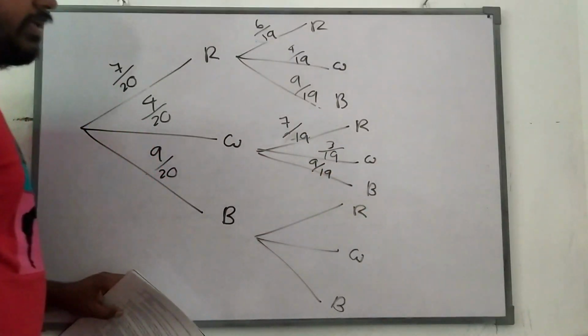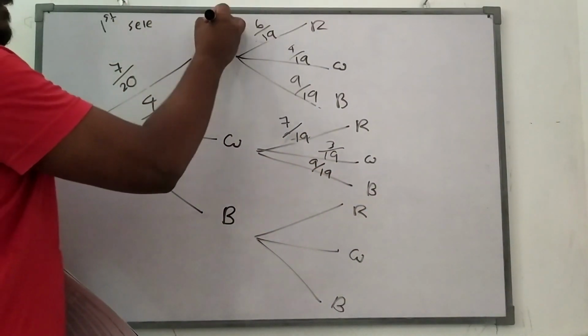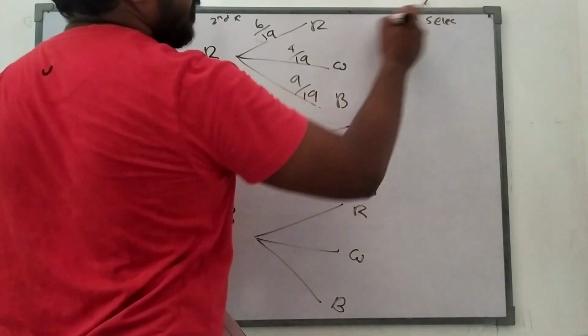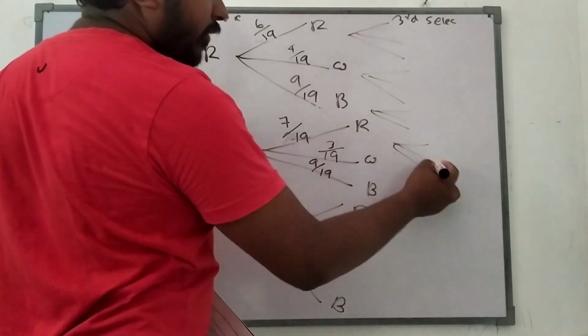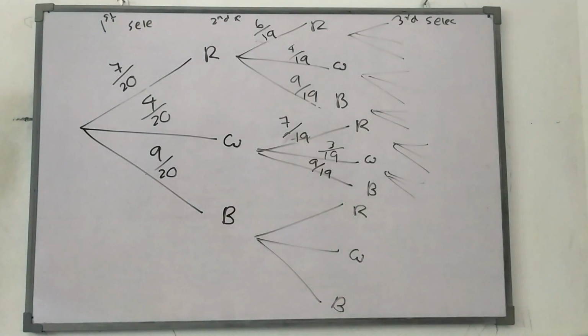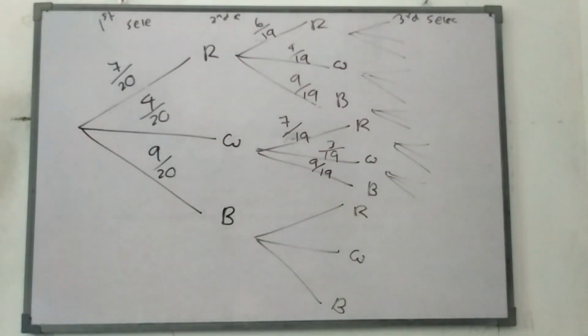So likewise, this is the first selection, second selection and third selection. The third selection you have to draw again, right? So actually it's difficult to draw a tree diagram for these situations. It's very large and the calculation is really difficult.